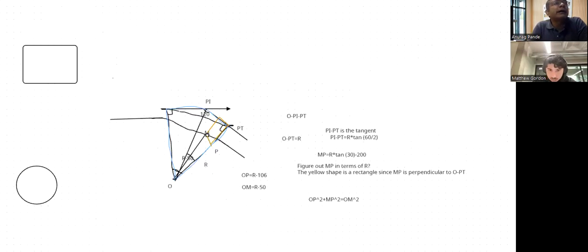So in these types of problems, the best bet is to create the center point and draw the radius around the center point, and then try to see for which triangles you know either some angles or some sides in the form of one variable. Make use of information like the tangent length, and then just go from there.